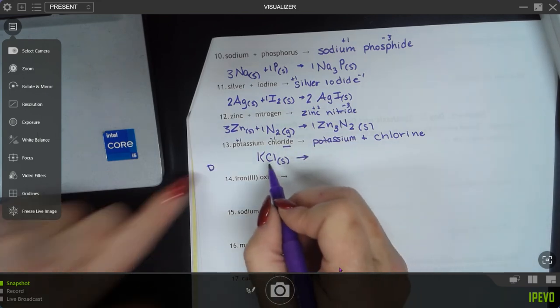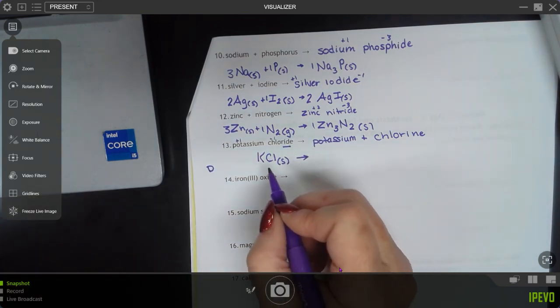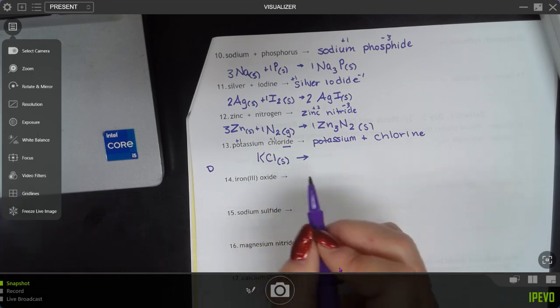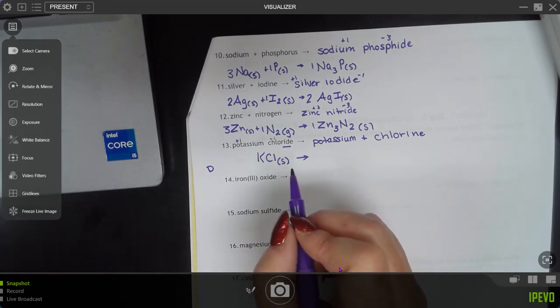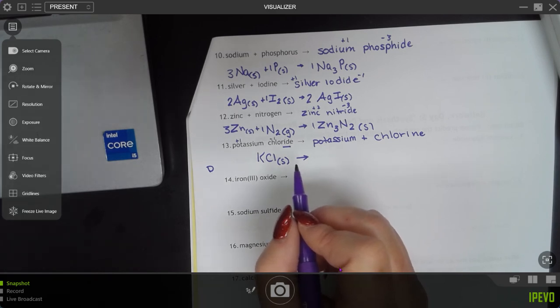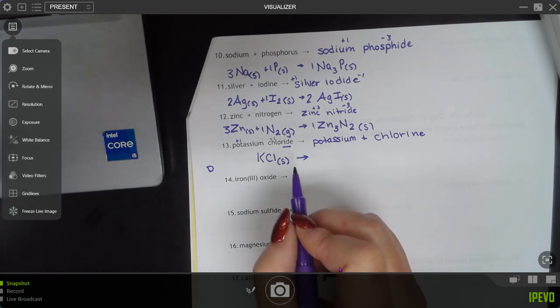And this Cl, guys, this does not get a 2, because the diatomic elements, the Hoberfinkel rule, only happen when it's the element by itself, not when it's combined with another type of atom.